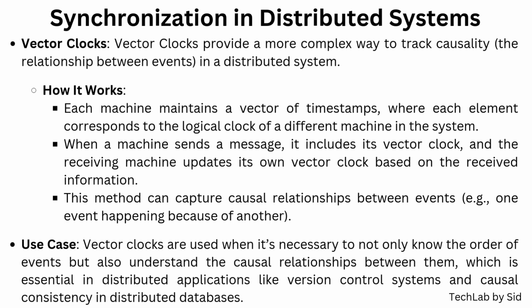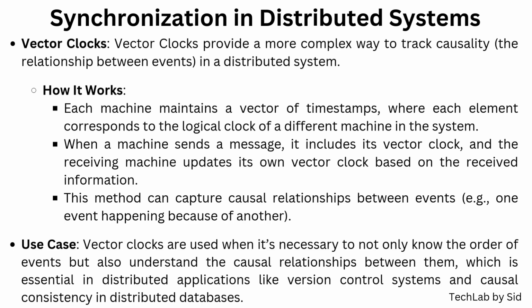Each machine keeps a vector of timestamps, where each element corresponds to the logical clock of a different machine in the system. When a machine sends a message, it includes its vector clock, and the receiving machine updates its own vector clock accordingly. This method captures causal relationships, allowing the system to understand if one event happened because of another.